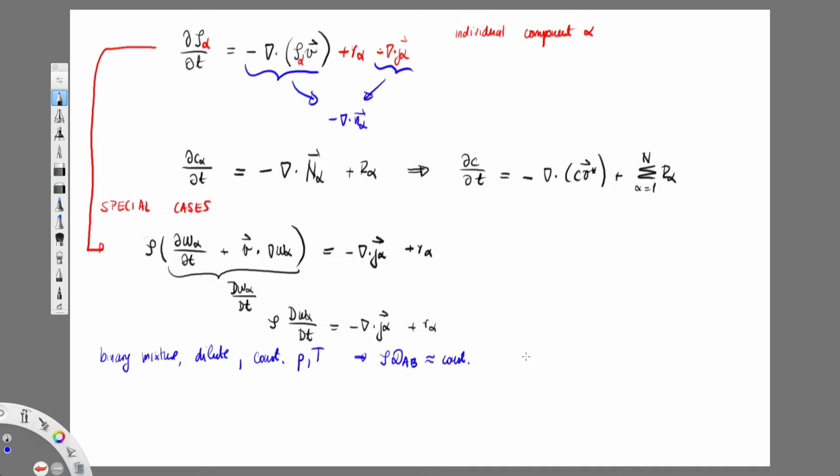So my Fick's law actually says that my divergence of J alpha is minus divergence of rho DAB gradient of, I'm just going to translate everything to now A and B because I have a binary mixture.